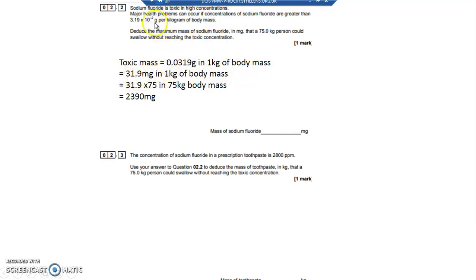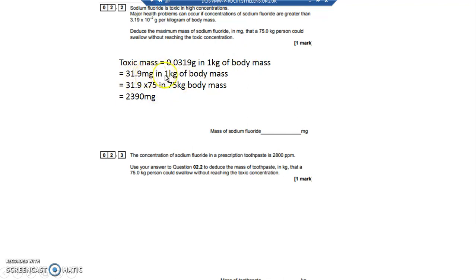So let's convert it into milligrams. I want it in milligrams, so I'm going to multiply this by 1,000, going from grams down to the smaller unit of milligrams. This multiplied by 1,000 is 31.9 milligrams in 1 kilogram of body mass. It tells me what the mass of the person is, 75, so I multiply everything up by 75.